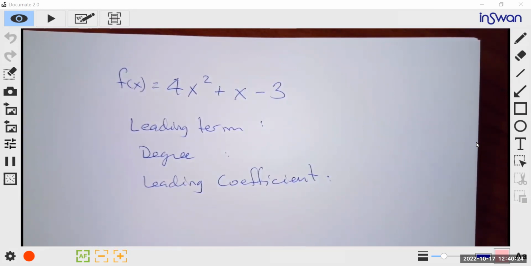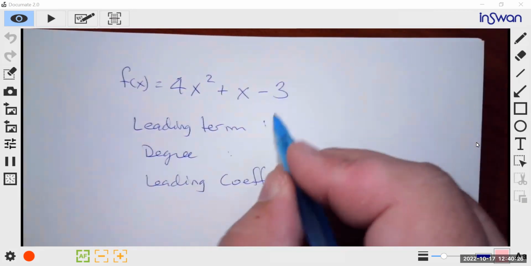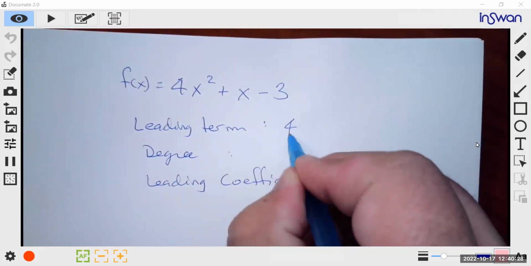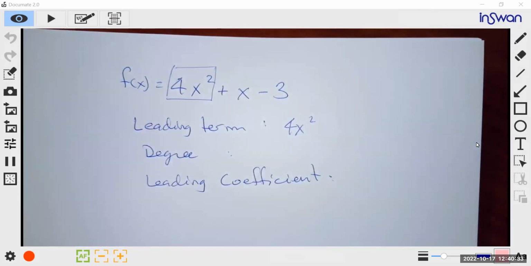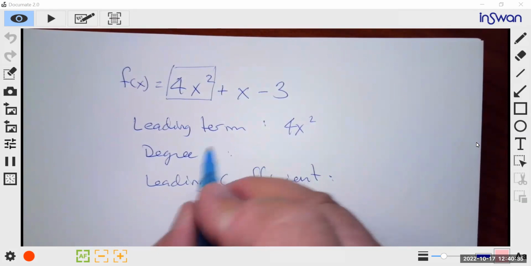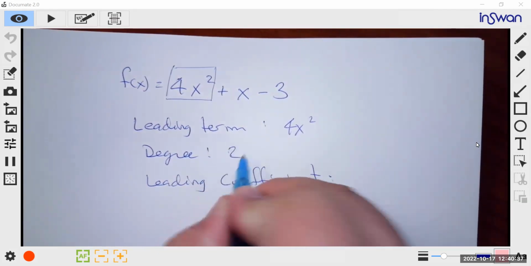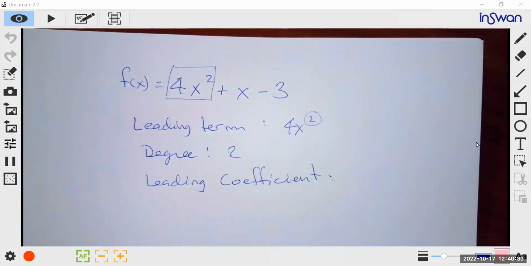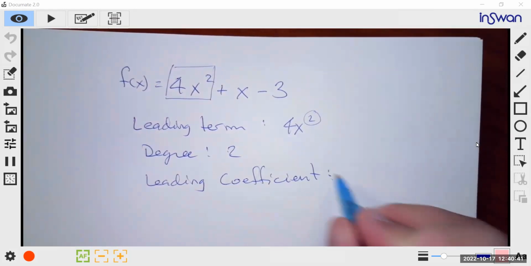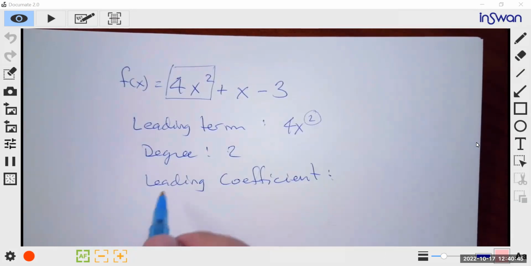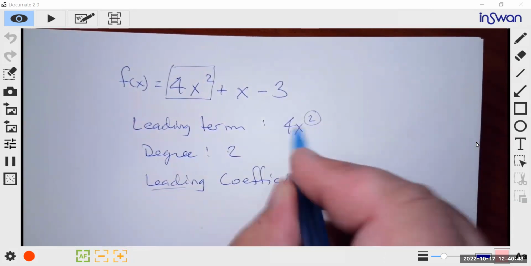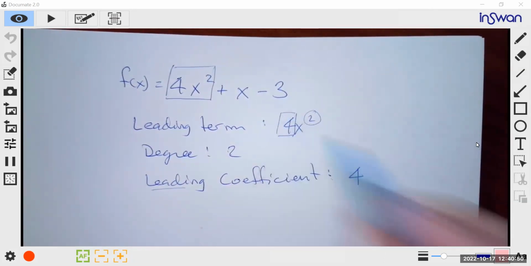So what's the leading term? 4x squared. It's wherever the highest exponent is, that's the leading term. So what's the degree? 2. That's the exponent. What's the leading coefficient? Yes, it's the coefficient of the leading term.